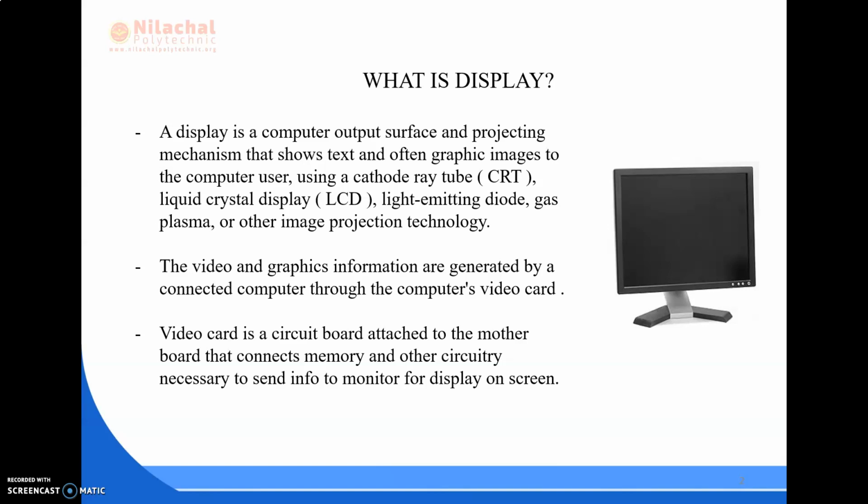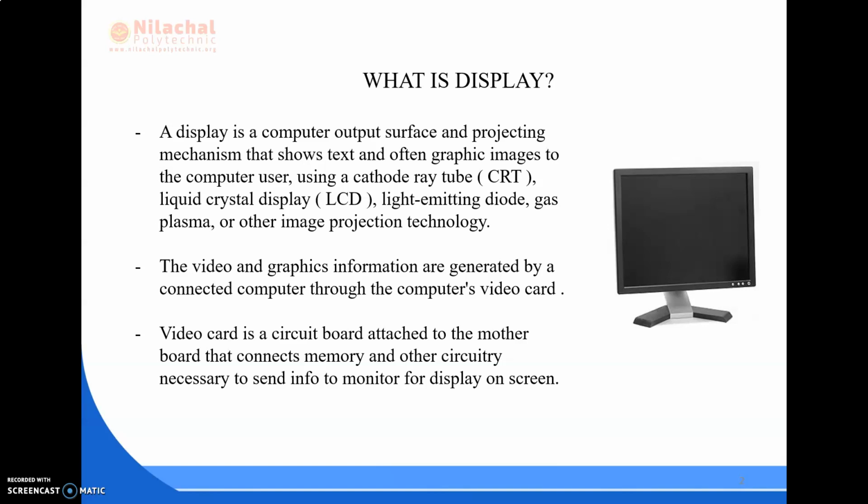Those types include CRT display, that is cathode ray tube display, liquid crystal display, that is LCD display, or LED display, which is light emitting diode display. Also, there is gas plasma or other image projection technologies too. In this slide, we will be covering three basic types of display, that is CRT, LCD and LED.